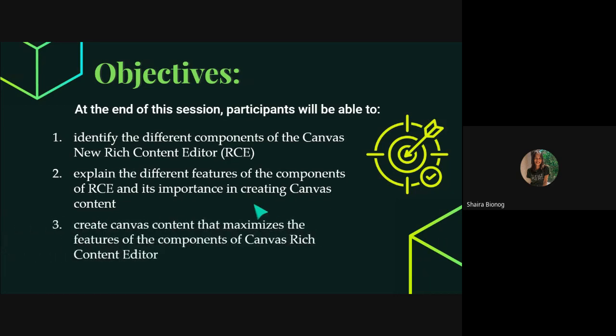Third, create Canvas content that maximizes the features of the components of Canvas Rich Content Editor. After our tutorial, you will have the opportunity to explore and revisit the RCE and apply what you have learned from this session. These will be our objectives for today's session.